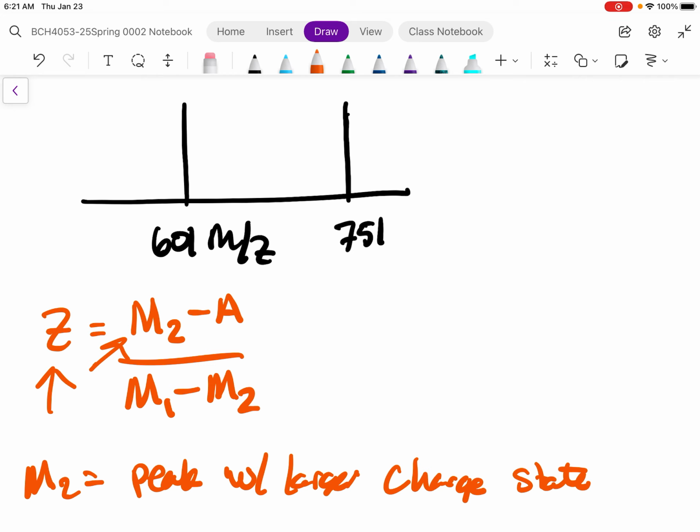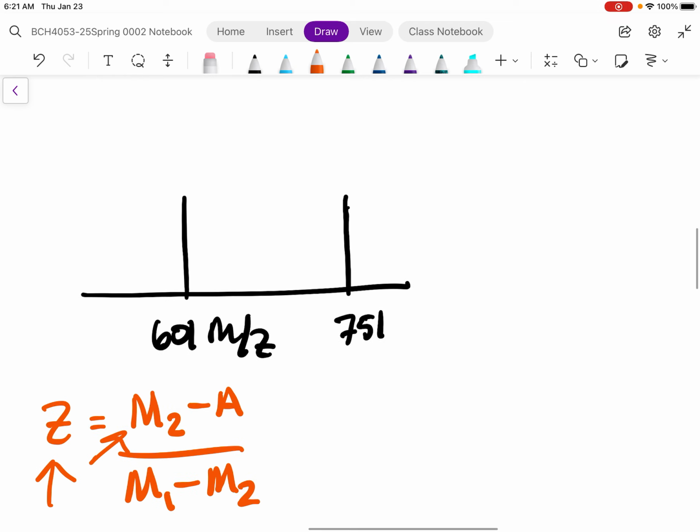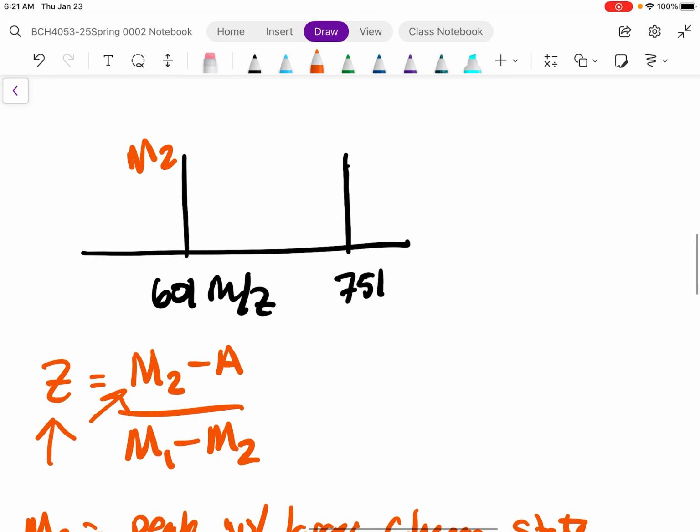Because it's being divided by a larger charge state. So M2 has to be the peak with the largest charge state. We just don't know what that is yet. But we can tell that this would have to be M2 because it has the smaller m over z. And then by default, the other would have to be M1.